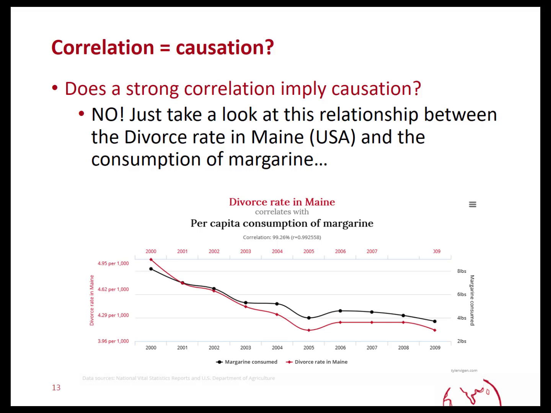As you can see, they seem to be highly correlated, and you may be tempted to assume that if you consume more margarine, that you are more likely to get divorced, or divorces lead people to consume more margarine. Even though the correlation here is very high at 99.26%, it is not causation.